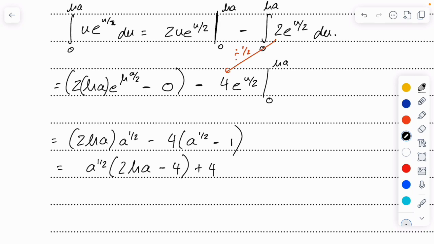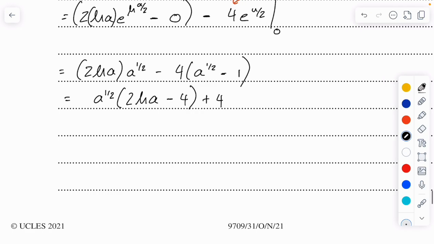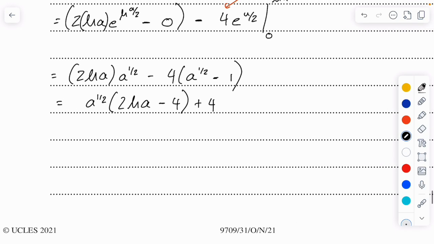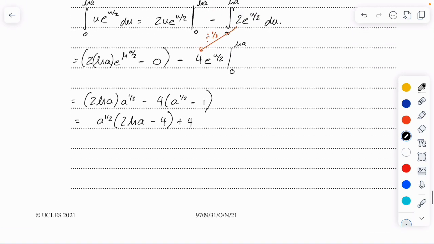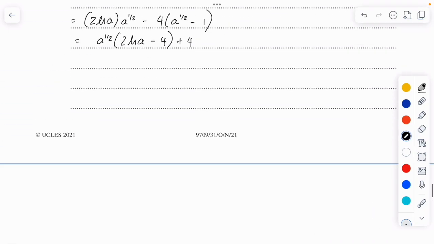So the next bit is we can say that, okay, we found the integral.